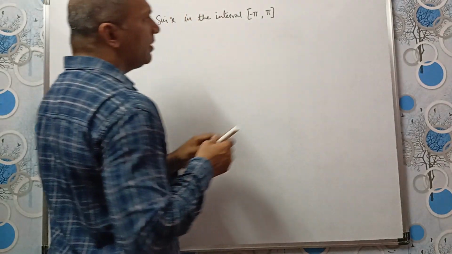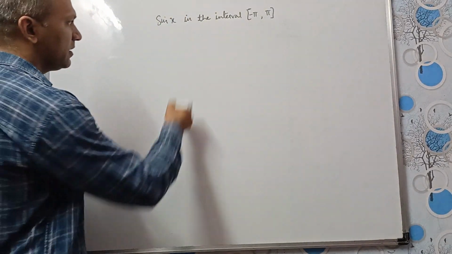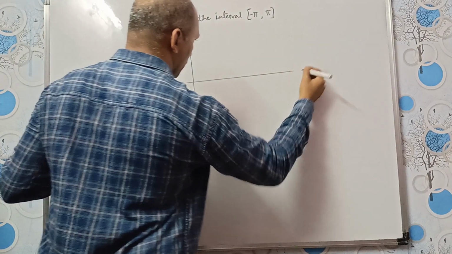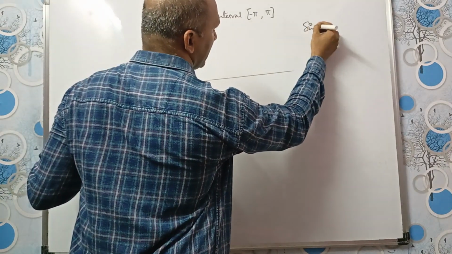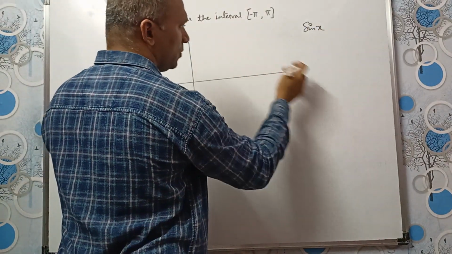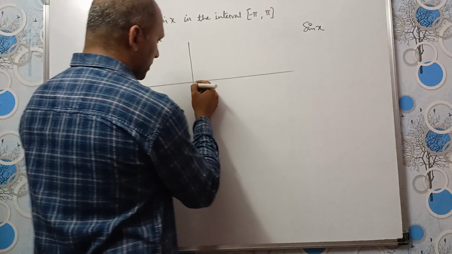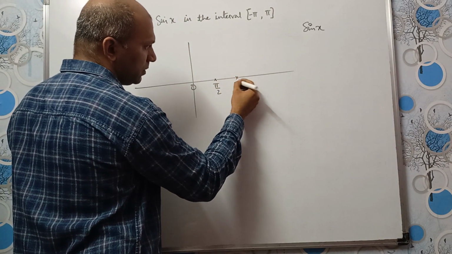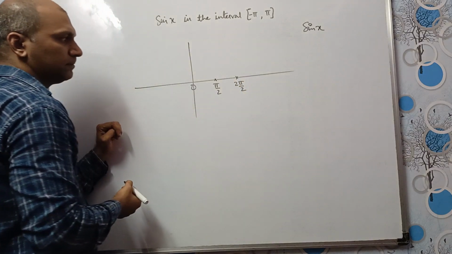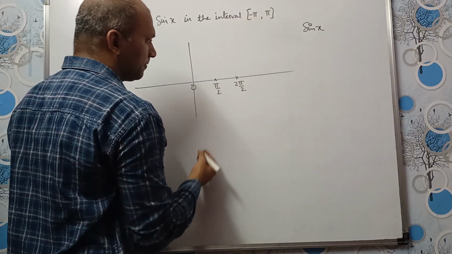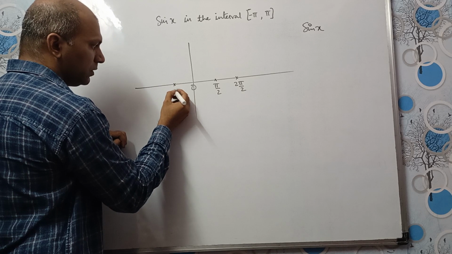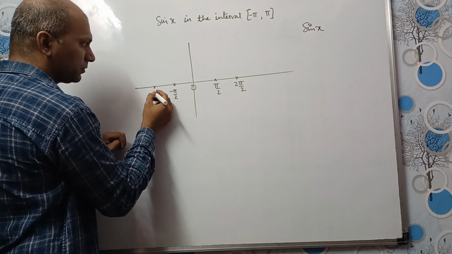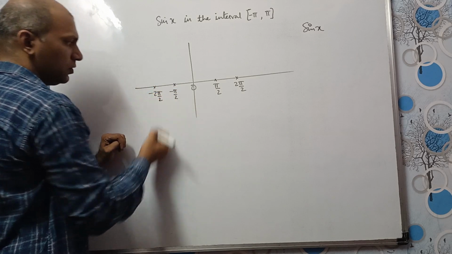Okay. Let us draw the graph of sine x in the interval minus pi to pi. This is straightforward. We have drawn the graph of sine x from 0 to pi: 0, pi by 2, 2 pi by 2. 2 pi by 2 is same as pi. So we need to draw minus pi by 2, minus 2 pi by 2.